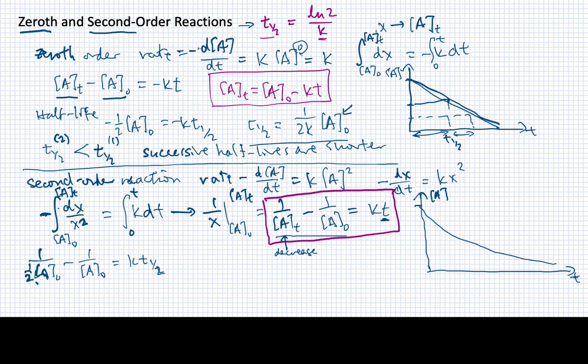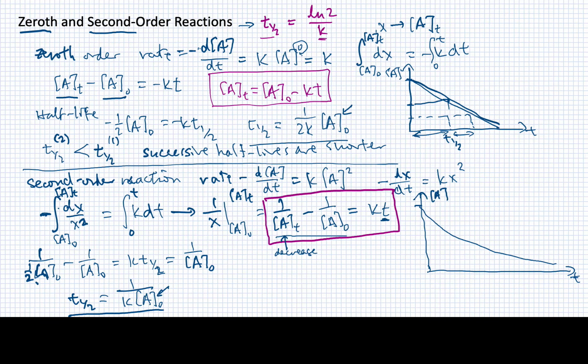But this is just going to be 2 over A0 minus 1 over A0, so I'll have that this is equal to 1 over A0, or my half-life is going to be equal to 1 over k times the initial concentration. So once again, as we found in the 0th order case, our half-life is going to depend upon the initial concentration of A.